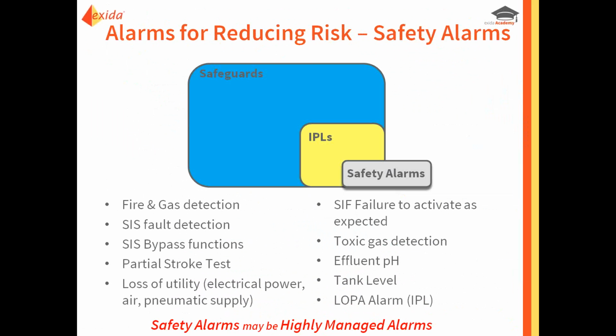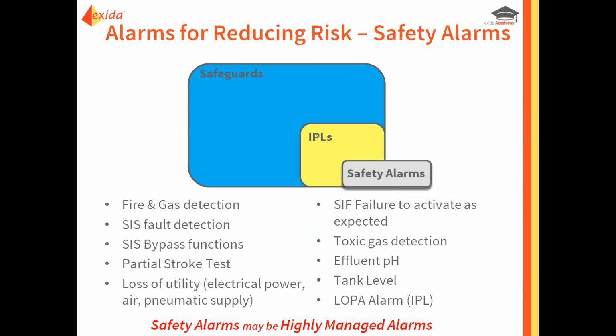Now, when we think about what a safety alarm is, it's still a little bit vague as to what it actually means for a running plant. So the whole idea is not every safeguard would be a safety alarm. Some might be, some might turn out to be. Not every alarm that's used as an independent protection layer would be a safety alarm either, because by the definition of an IPL, you could actually have them in your basic process control system, for example.